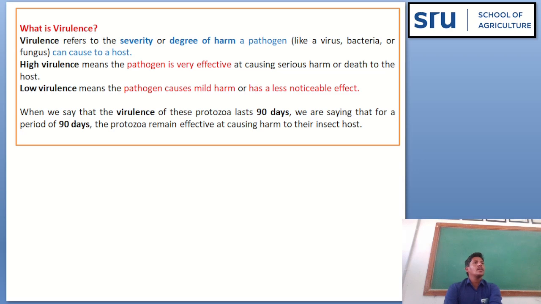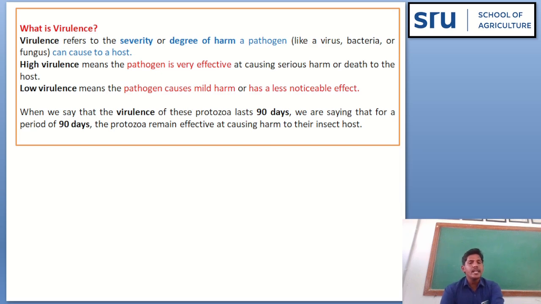For example, in 2021, the coronavirus was more powerful and caused many deaths. Therefore, it was highly virulent at that time. But now the coronavirus is of low virulence.